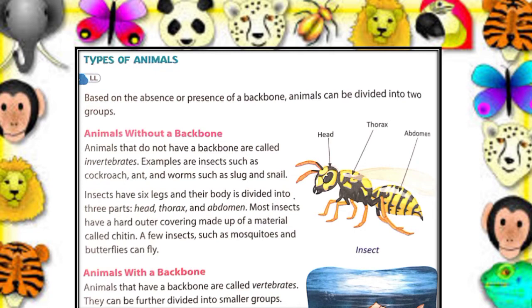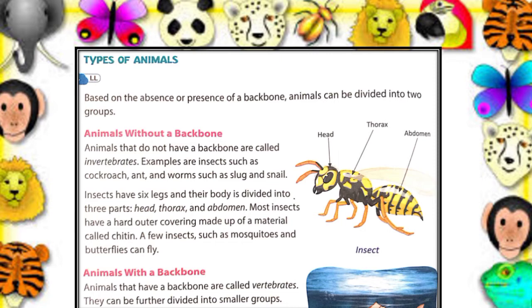An insect has 6 legs and its body is divided into 3 parts: head, thorax and abdomen. Most insects have a hard outer covering made up of a material called chitin. A few insects such as mosquitoes and butterflies can fly.